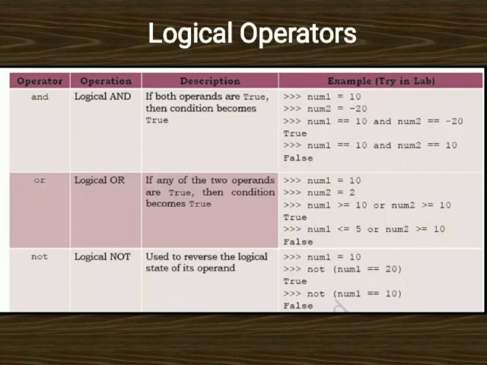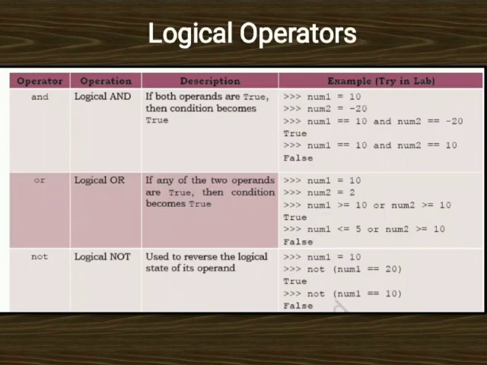In the third line, it is written num1 is equal to 10. Now what is this equal to symbol? The equal to symbol is a relational operator. It checks for equality, whether num1 is 10 or not. Num1 value is 10, so we check if 10 is equal to 10.